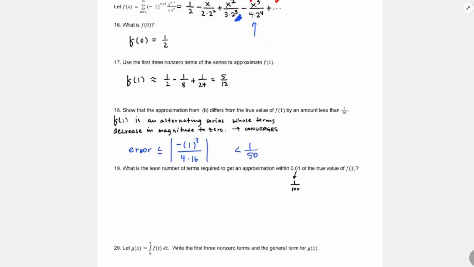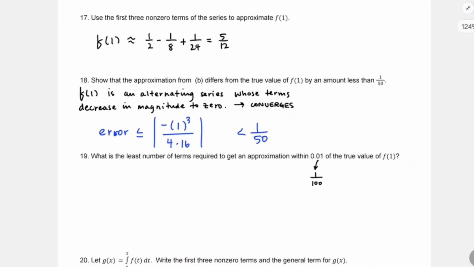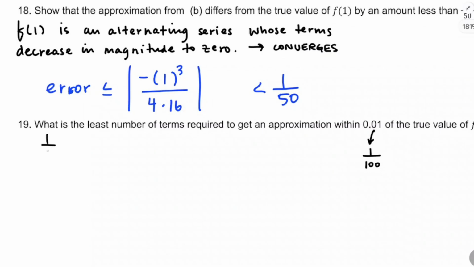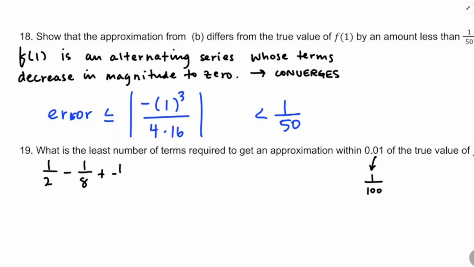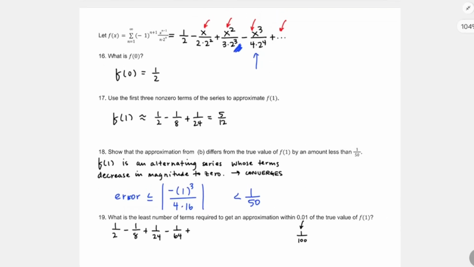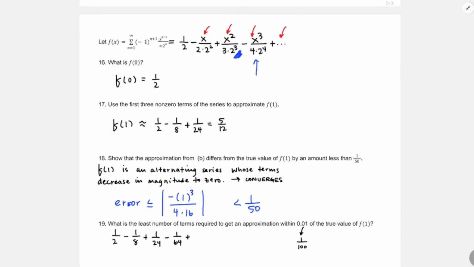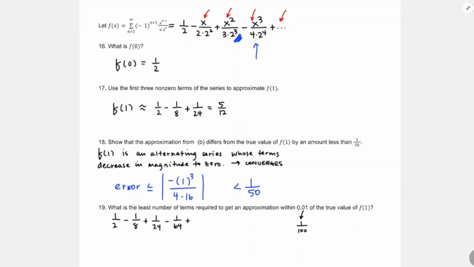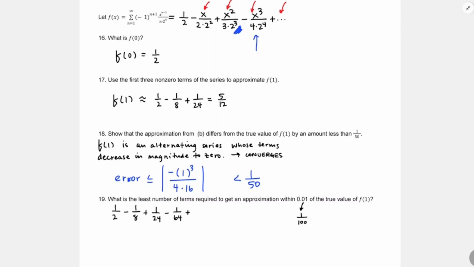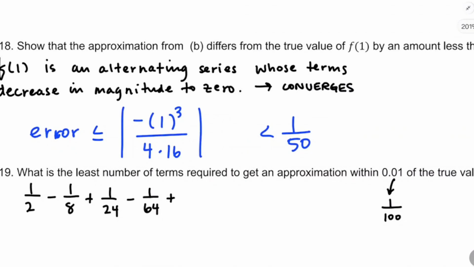So I'm just going to say 1/2 minus 1/8 plus 1/24 minus 1 over 64. I have to imagine the next term is going to be less than 1 over 100. What happens at n equals 5? So negative 1 to the 6th, x to the 4th, well, it's going to be 1 to the 4th, which is 1, over 5 times 2 to the 5. Yeah, there we go.